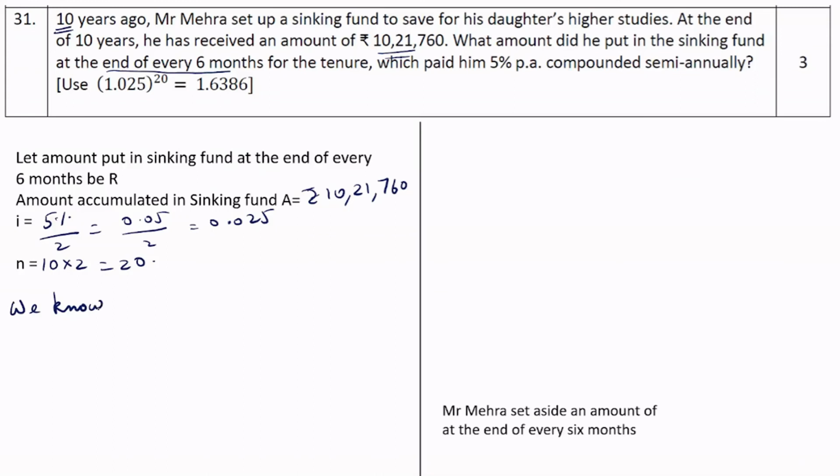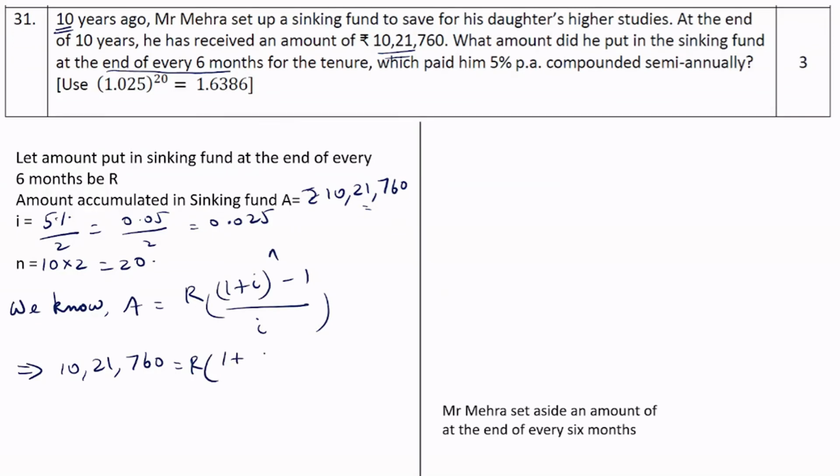We know A is equal to R into (1 plus i) the whole raised to n minus 1 upon i. This implies 10,21,760 is equal to R, which we have to find, into (1 plus 0.025) the whole raised to 20 minus 1 upon 0.025.